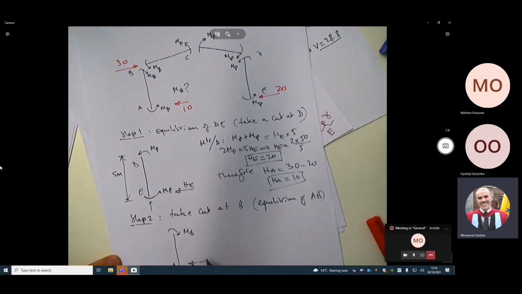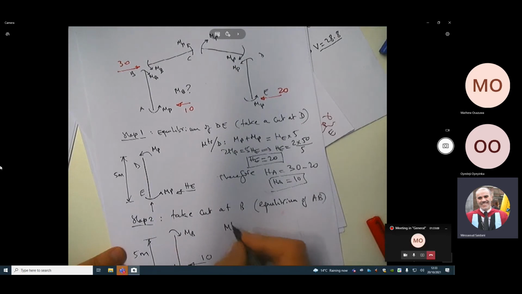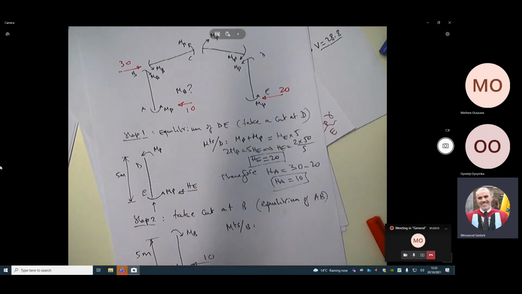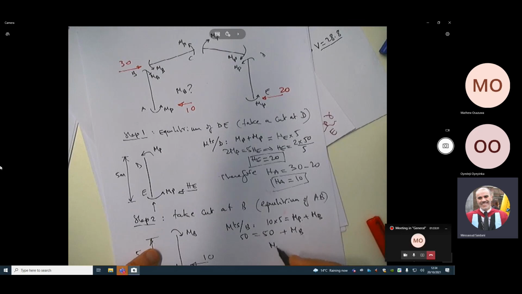And obviously we have a reaction here of 10. And this is 5 meters. So we take moments about B, clockwise about B we have 10 times 5 equals, anti-clockwise we have MP plus MB. 10 times 5, 50. MP is 50 plus MB. So what is MB?